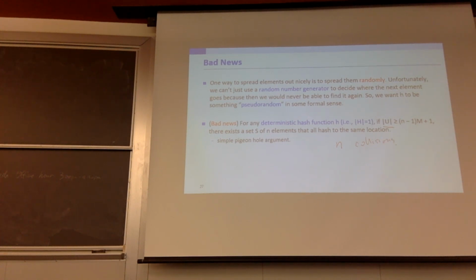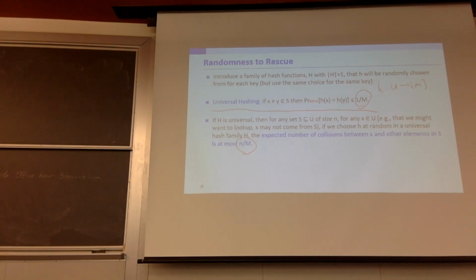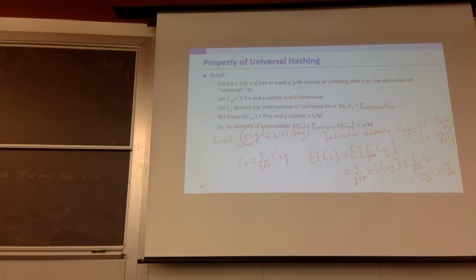Okay. So for any deterministic function, you know there's a very bad case for that, right? If you use a universal hash function, then the argument here would be that the number of collisions with a particular element is not going to be too large.